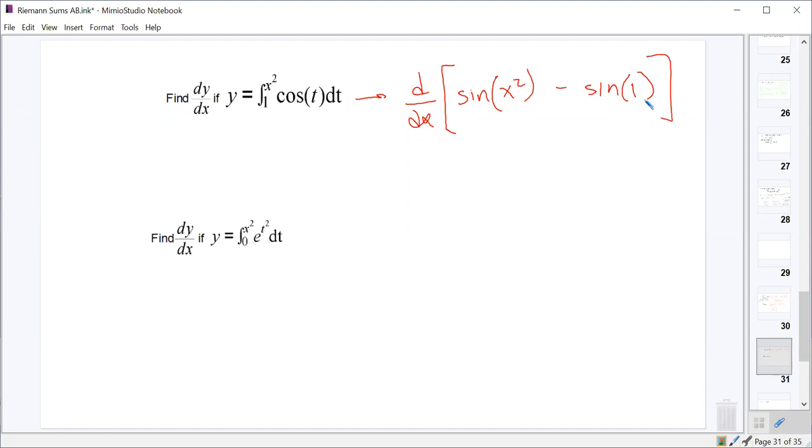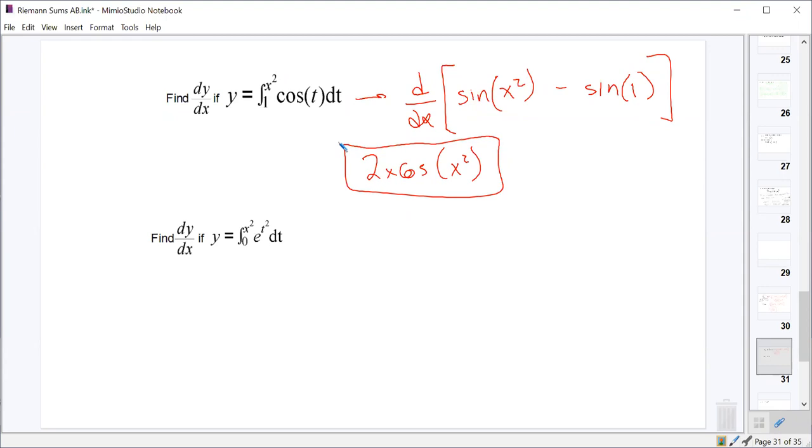So now effectively, what are we doing? We're taking the derivative of sine of x squared. And what rule do we have to use to take the derivative of sine of x squared? Chain rule. So this ought to become the cosine of x squared times 2x.